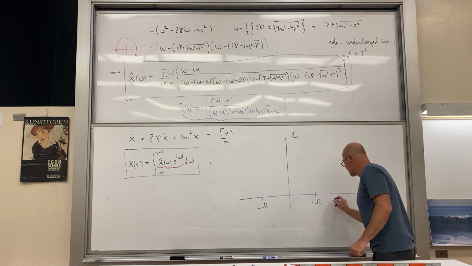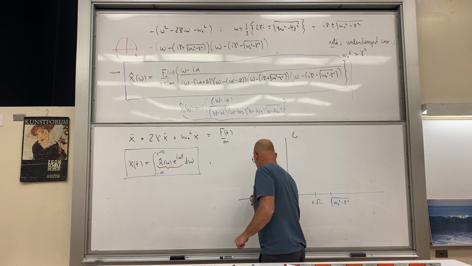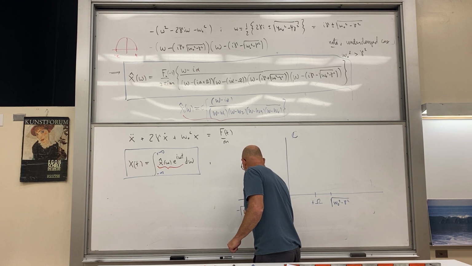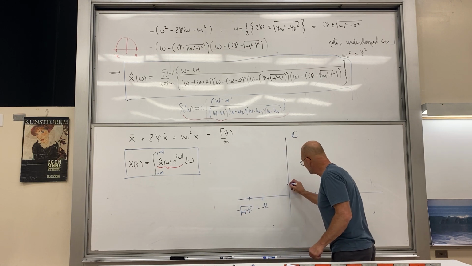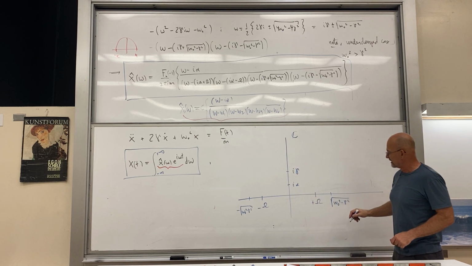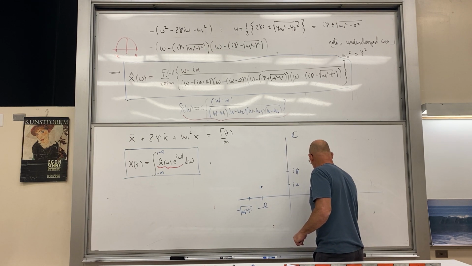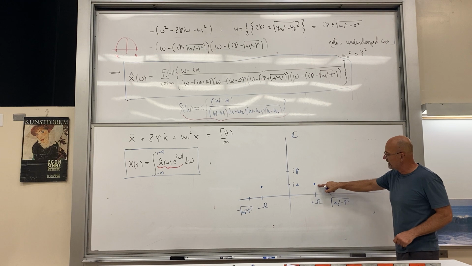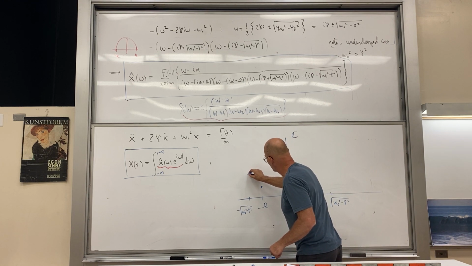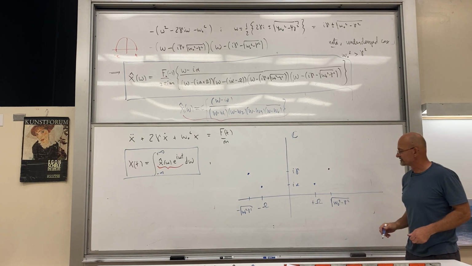I'll call this the root of omega naught squared minus gamma squared, and over here minus the root of omega naught squared minus gamma squared. And then we also have i alpha and i gamma. So these 2 poles are for the driving force, and these 2 here are from the damped oscillator.